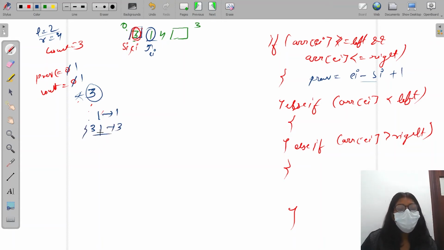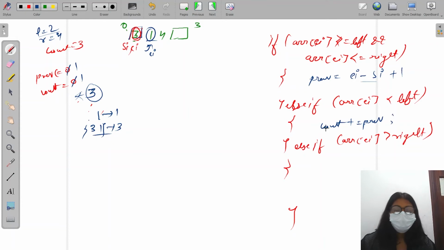It means this array does not get affected by the lower value of ARR of EI. So I have to increase my count again by previous. Count plus equal to previous.